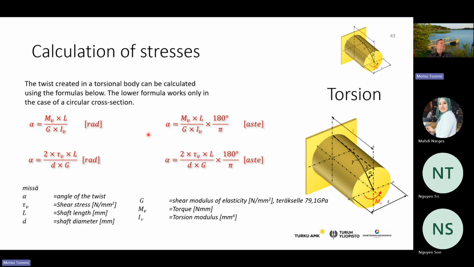And here, of course, deformation happens also in torsion. And here are the equations that we can use when we calculate the angle of twist. If you use radian value, we use these two equations. If we want to have degree value, we use these equations.